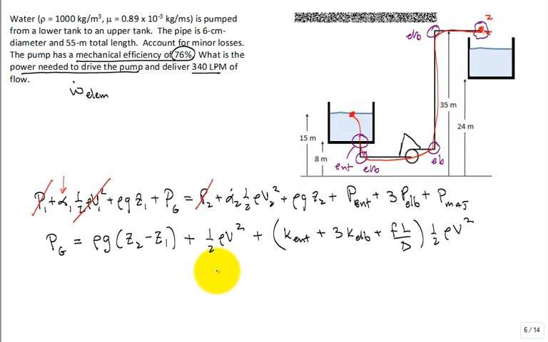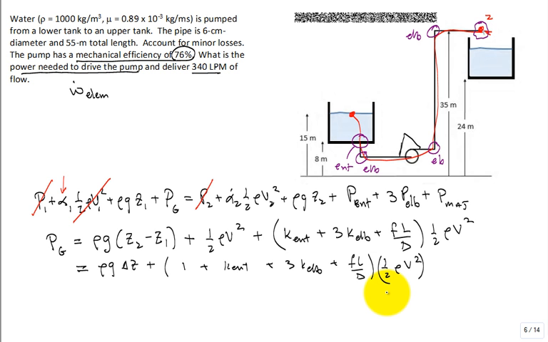So it's rho g delta Z plus 1 plus K entrance plus 3 K elbows plus f L over D times 1/2 rho V squared. I don't know if I can make it more readable. Hopefully that's readable to you.